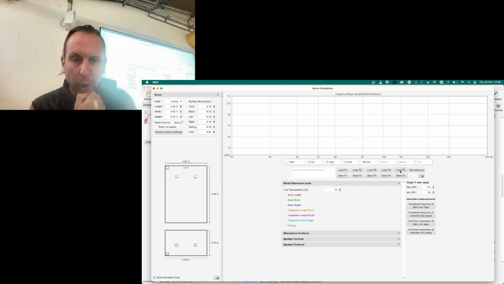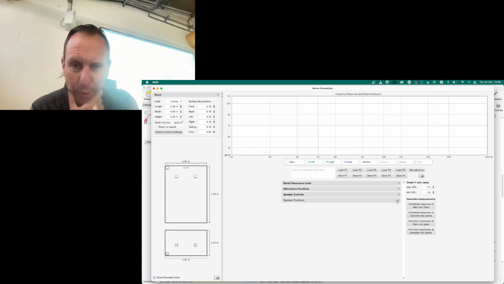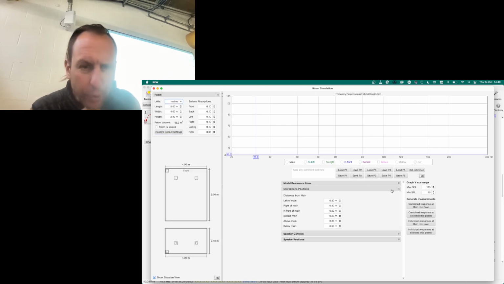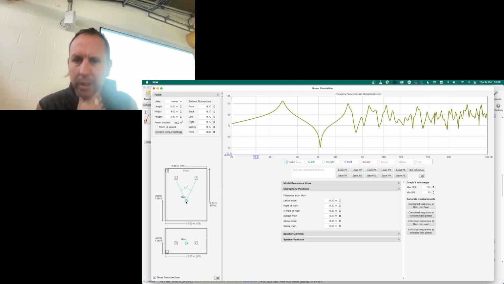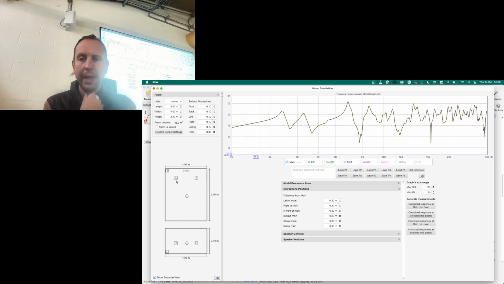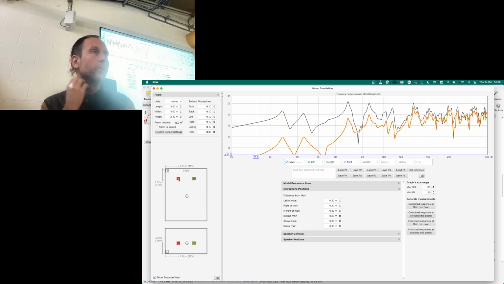Okay? So there's a few things to do. I will have to put a microphone down. I'm not sure why it's disappeared, to be honest. Here it is, right? So you can move the person and you can move the speaker.